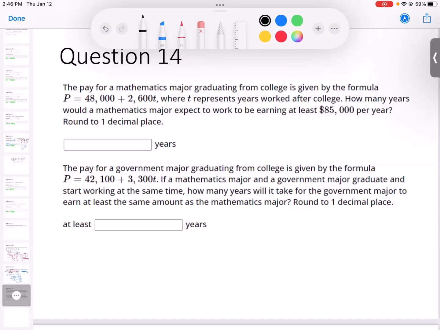At least? The government pay. So we always want government and math, and we want government to be at least, so that means greater than or equal to. Yeah, because you want the government to be at least the same amount, so it's okay if it's more than, but you want it to be at least that much.